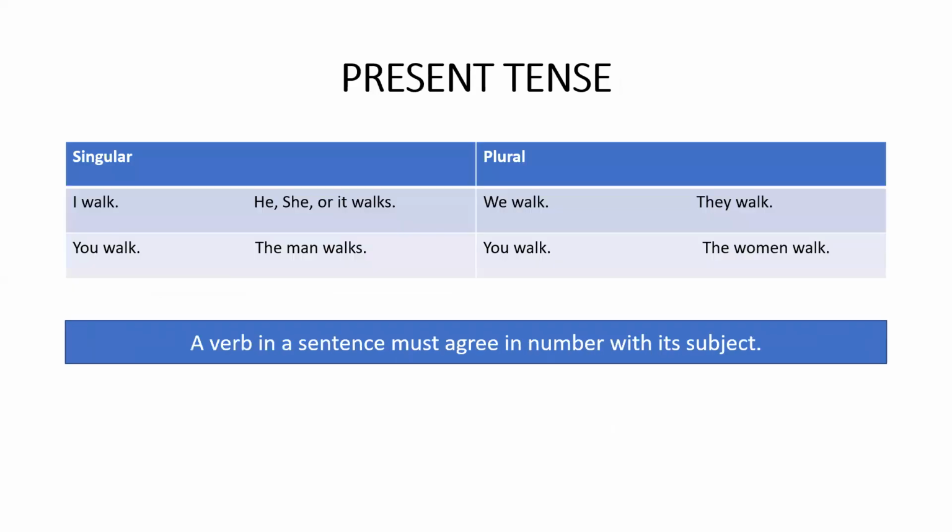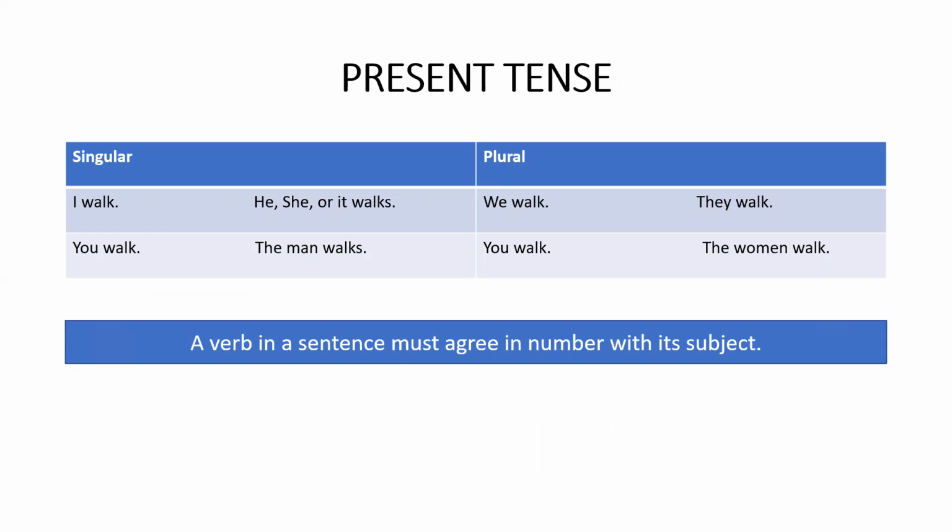Now, look into the chart that I have given here. It shows the present tense forms of the verb walk. Note the form used with a singular noun or with the pronouns it, she, and he. Remember that a verb in a sentence must agree in number with its subject.